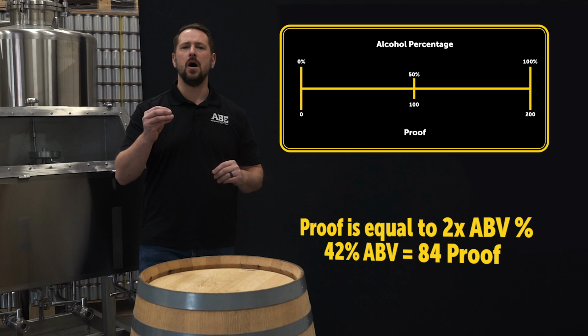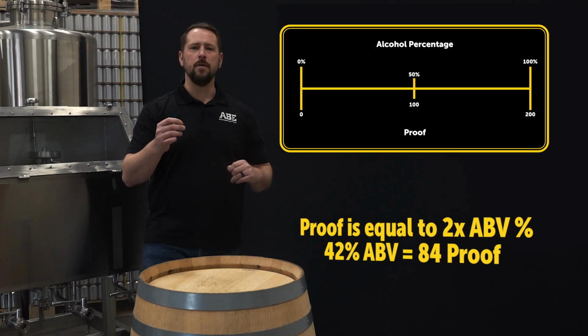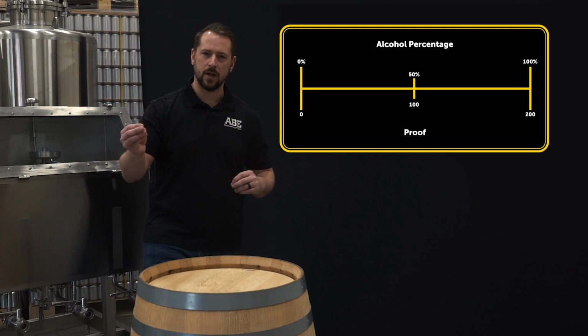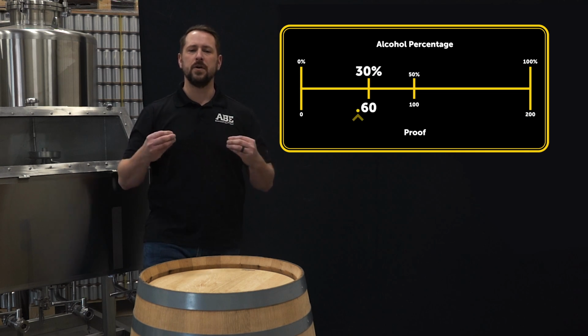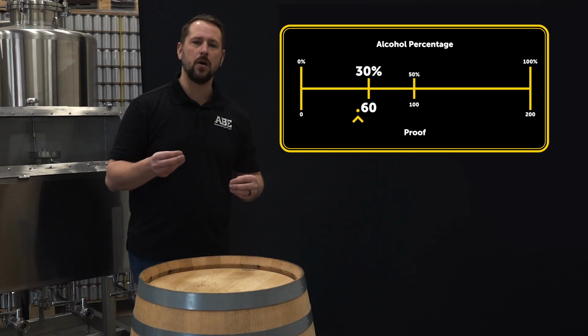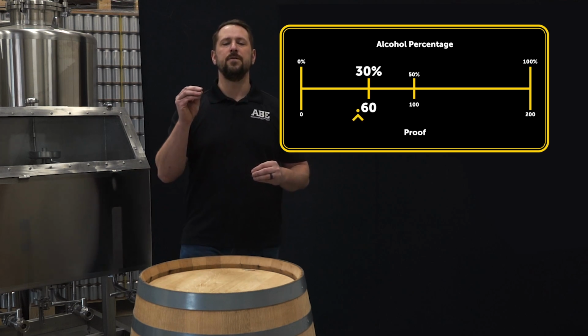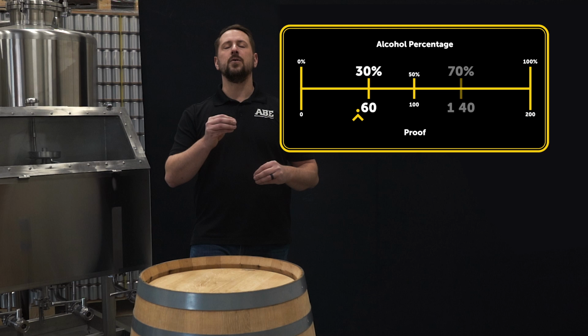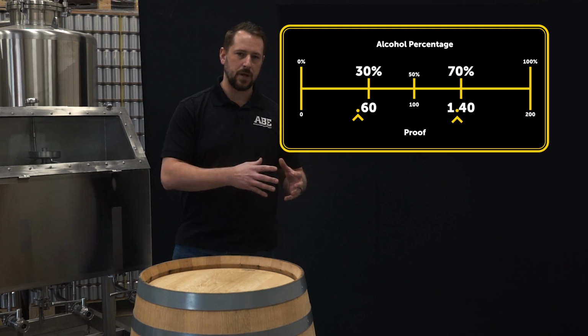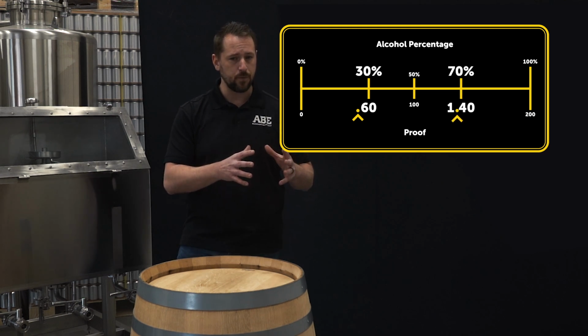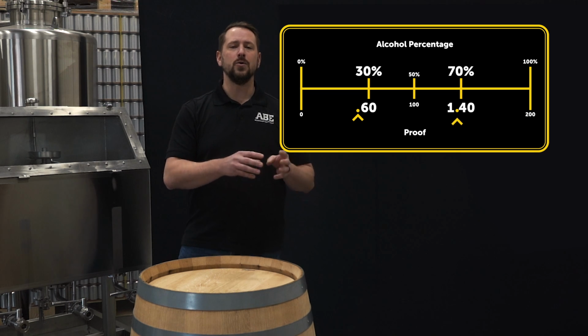And I want to call out and make note of the decimal point for your calculations. So if your spirit is under 50% alcohol or under 100 proof, the decimal point goes before the proof gravity. If your spirit is over 50% alcohol or over 100 proof, the decimal point goes after the 1.